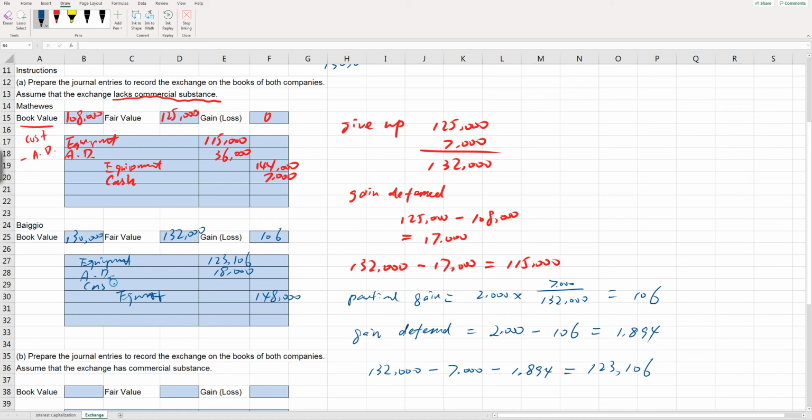Also, we receive cash, $7,000, debit cash, and finally, this one, right? We have a partial gain recognition, so we credit gain. So you can check the total debits equal to total credits. So we finished this one. Or you can leave this one, okay? Once you get the partial gains, and this number will be a plug-in number to make this transaction balanced. Okay, so either way will be fine.